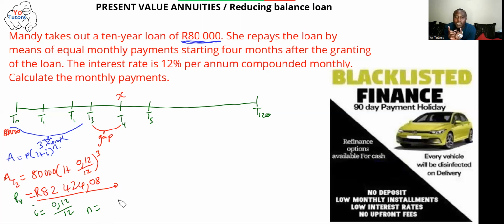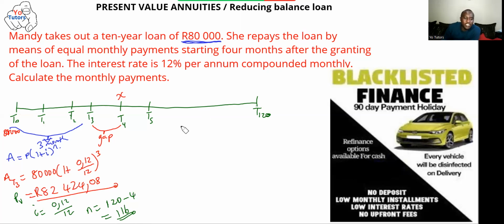So you're taking 3 out of this. So it's going to be 120 minus 4. What is it going to give us? It's going to give us 116. So here you are now having 116 payments.